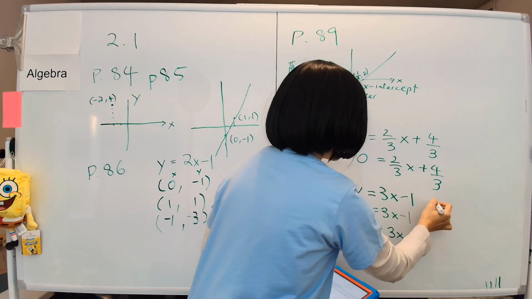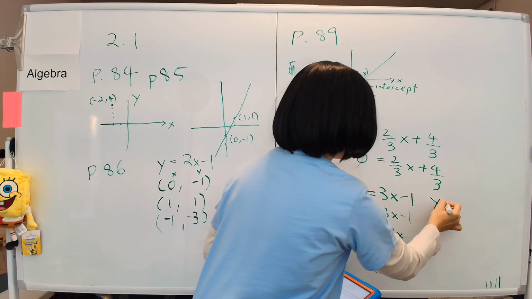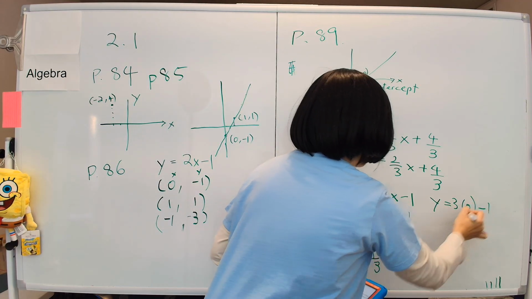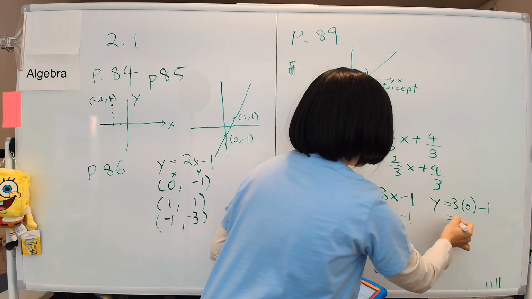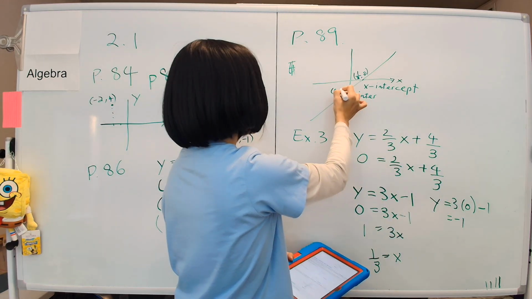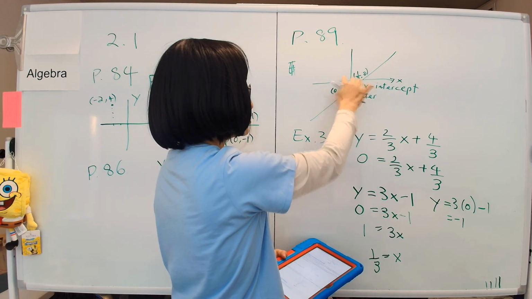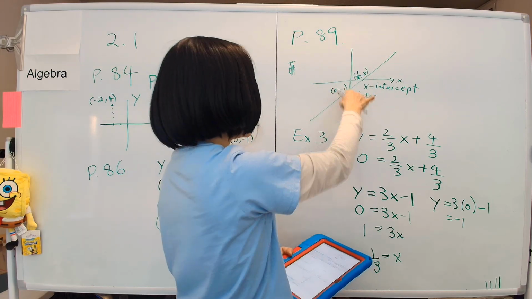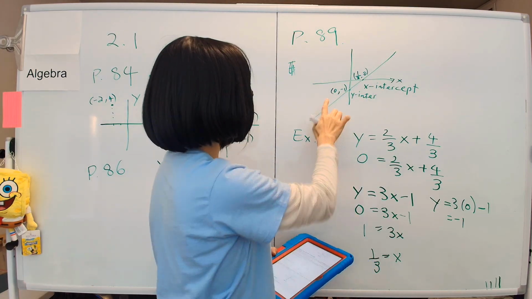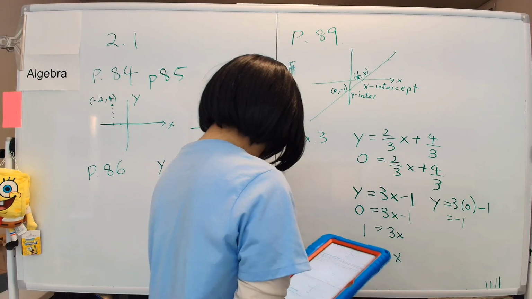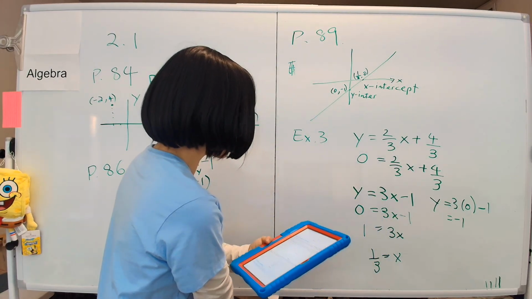So y equals 3 times 0 minus 1, and that equals minus 1. Therefore, the y coordinate here is minus 1. So you start from 0, go nowhere in the x direction, and go down 1 in the y direction, and that is the y-intercept. Generally speaking, that's how you calculate both y and x intercepts.